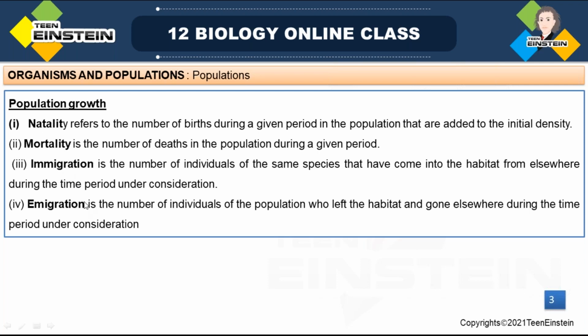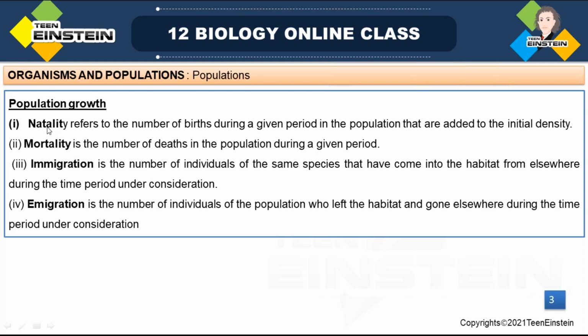So among these 4, natality and immigration, these two increase population density. Okay, which one? Natality and immigration. I'll explain why it is increasing the population density.